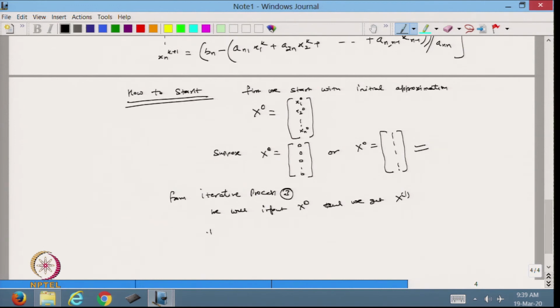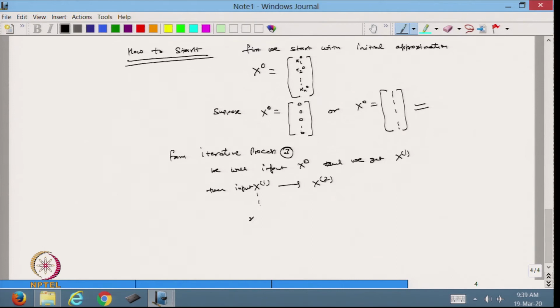Then I will input x1 and I will get x2 as output, and keep going. So we are going to input x(k) and get the x(k+1) approximation. Now, the question is how to stop.